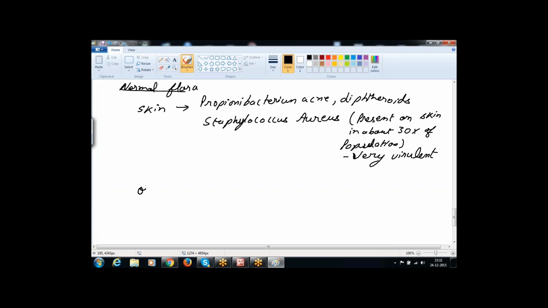Then oral cavity. Oral cavity has a lot of flora. Majorly, it is streptococci.